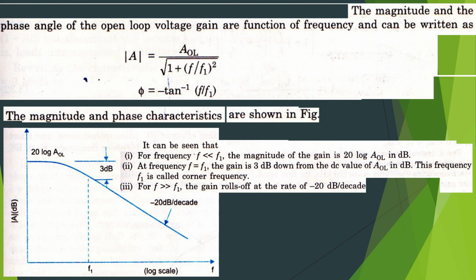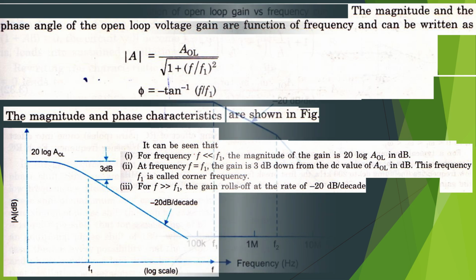This frequency F1 is called corner frequency. Sometimes it's also called cutoff frequency. For F greater than F1, the corner frequency, the gain rolls off at the rate of minus 20 decibels per decade.